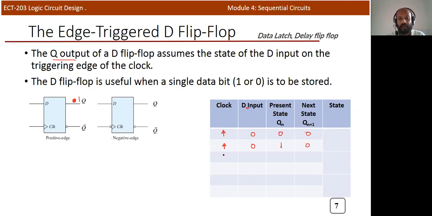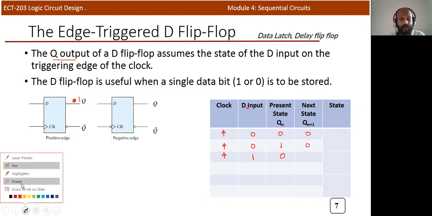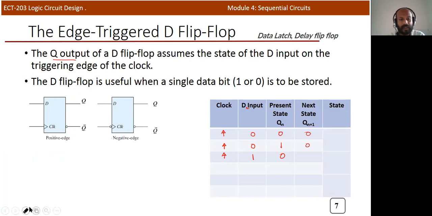Okay, and now we'll consider another possibility. Assume that the D input is 1 and the present state of the flip-flop is 0. So there is a clock signal and the input is 1, so the next state will be 1 because the Q output is the same as D. And this is another possibility.